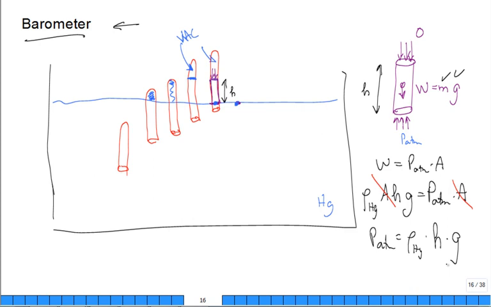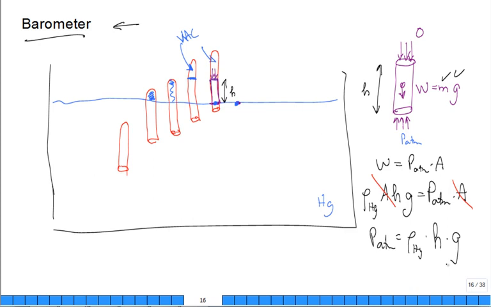Let's take the same barometer, the same mercury. We're going to go and visit Denver, Colorado. Why Denver? Its elevation is a mile high. We're going to go to Corpus or Houston, essentially at sea level, versus up there. Are we going to have the same height of the mercury in the barometer?